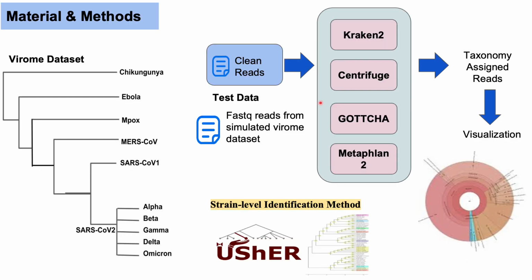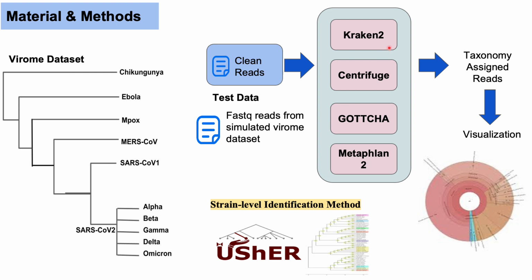To benchmark widely used metagenomic classifiers like Kraken2, Centrifuge, Gotcha, and MetaPhlAn2 on virome data, we used 6 species-level and 5 strain-level simulated virome datasets, as shown here in this schematic phylogenetic tree.